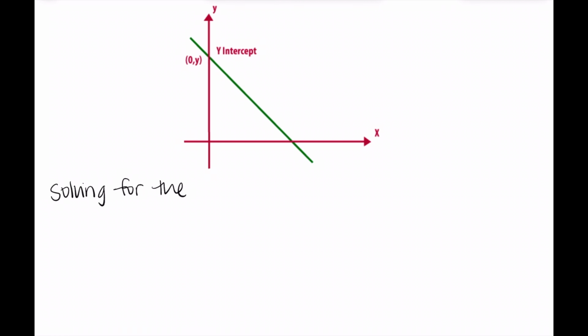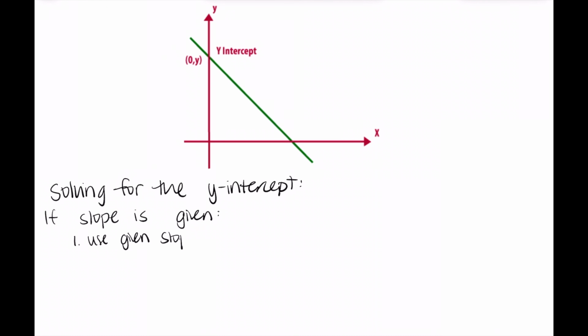Now that we've defined what the y-intercept is, how would we go about solving for it? I'm going to write out a step-by-step process. It depends on what we're given. If we are given the slope, it's just 3 simple steps. We would use a given point and the slope in the equation.